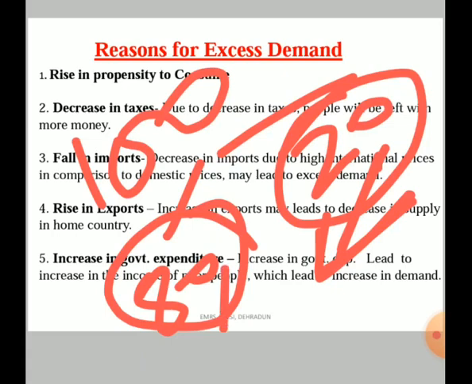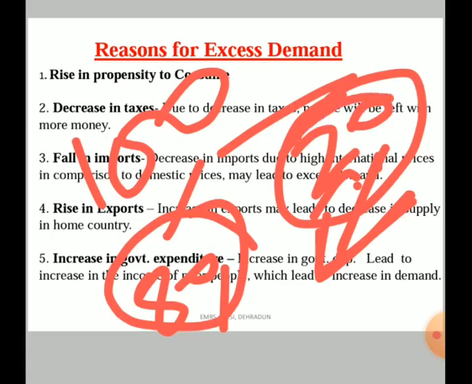Now this 80 plus 20, the demand is 100, but for a short period of time supply will be 80 only. In the upcoming few weeks or months, the supply will also increase, but in this short period, supply will remain 80, because demand was 80 earlier.